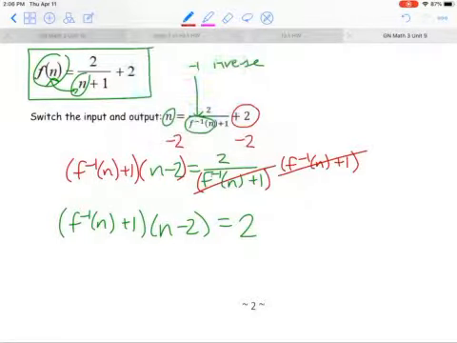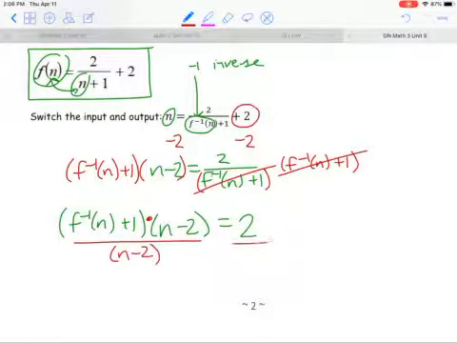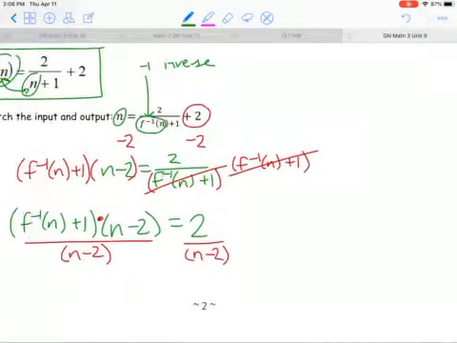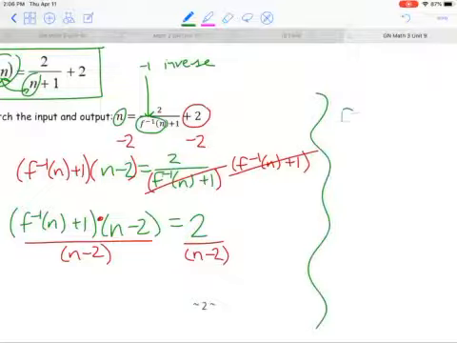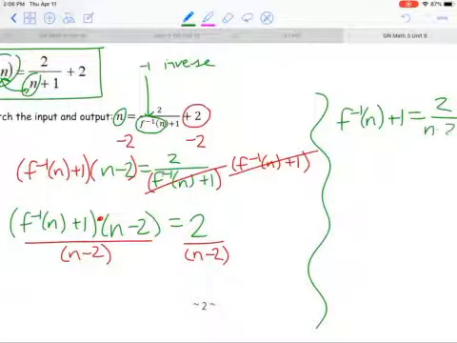And now, these are connected by multiplying, so PEMDAS backwards. There's nothing added or subtracted outside the parentheses, but there is something to divide. This whole thing. So you end up, let me move it over here, more room here, with f-1 of n plus 1 equals that 2 over n minus 2.